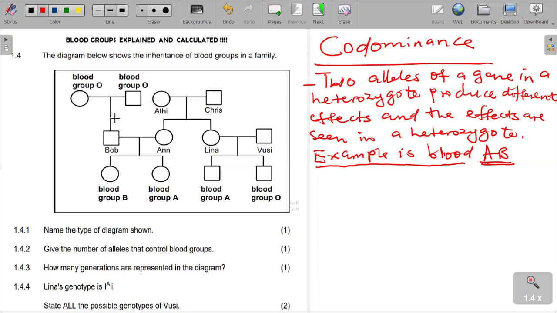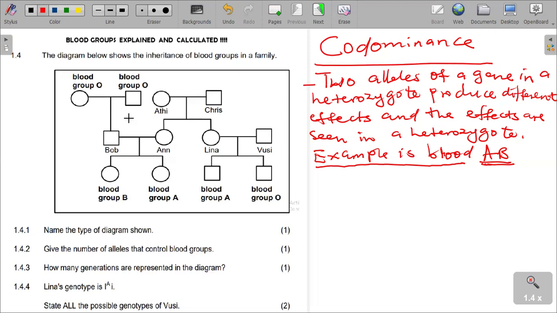When the horizontal line joins two people, they are a couple, the parents, and the vertical lines going down represent the children of those parents.